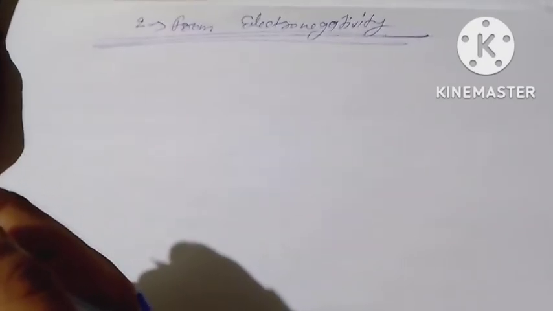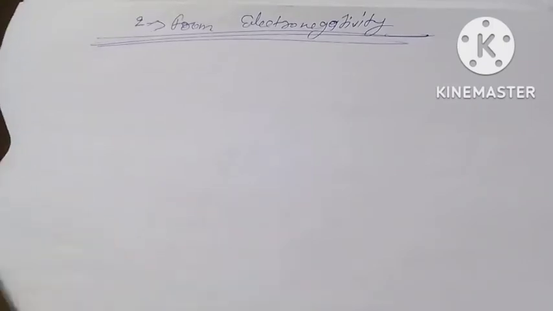According to Pauling, if the difference between the electronegativity values of two atoms is 1.7, then the bond will be 50% ionic and 50% covalent.